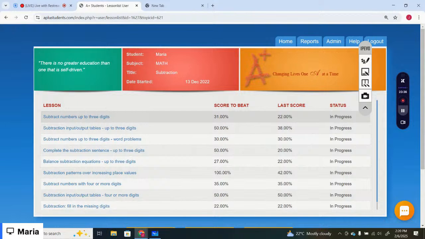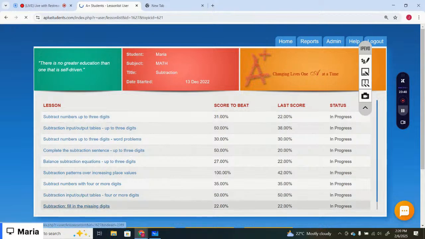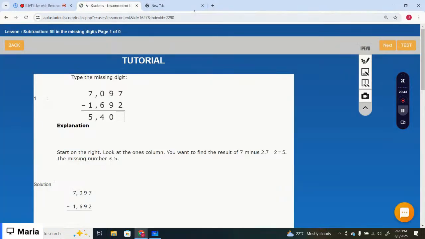The next lesson is subtraction. Fill in the missing digits.